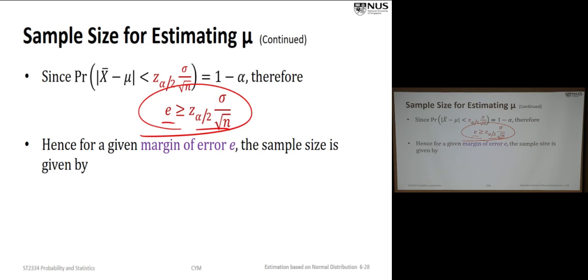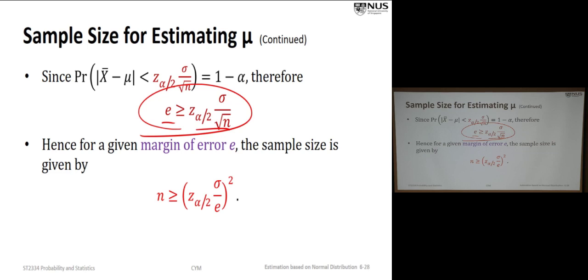So I want to get n. Again, the same trick: you put n on one side and the rest on the other side. So you come up with this formula. So n has to be greater or equal to this number.